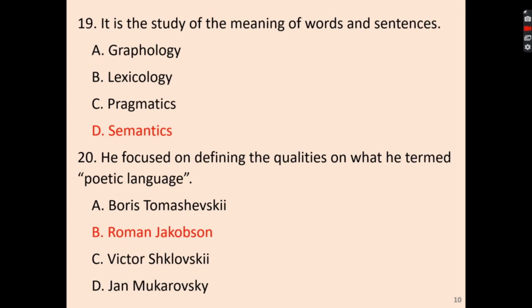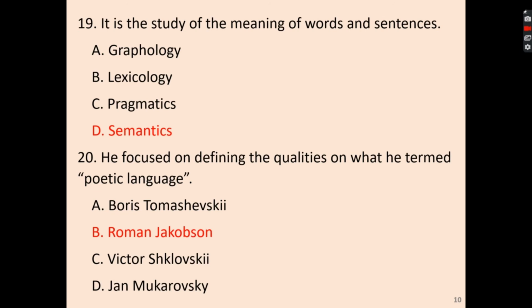So it's a leveling. As a language learner, we have to take a look first at the semantics, after which we can expand or go beyond to the pragmatics. So in pragmatics, we would now consider the context, like the specific usage of a phrase or a word in a situation or in a place. Okay, the specific context, because it could have a different meaning. Number 20, he focused on defining the qualities of what he termed poetic language.